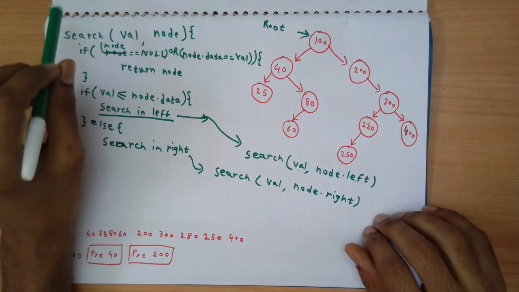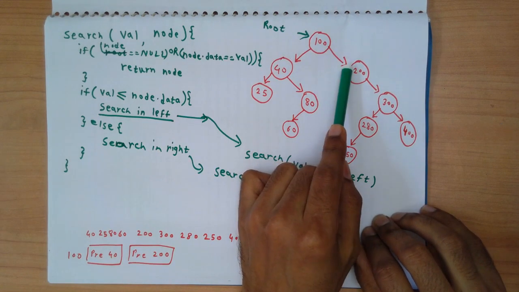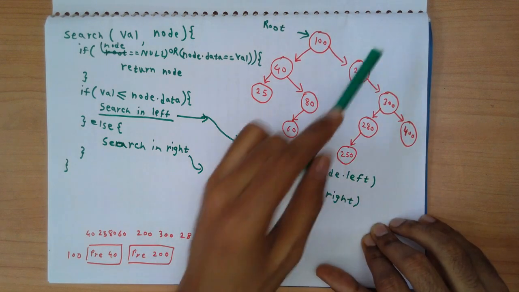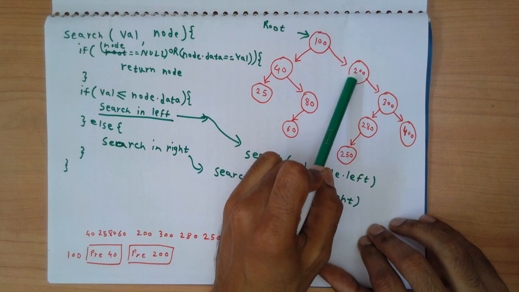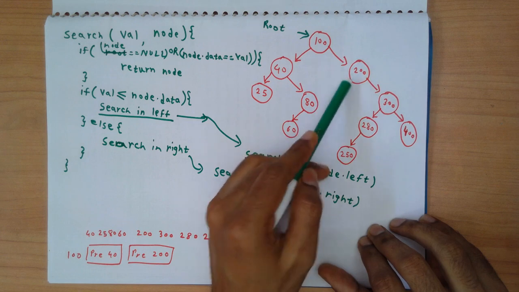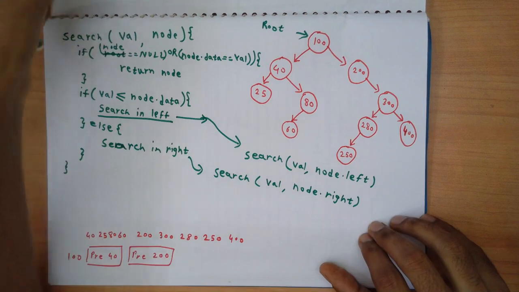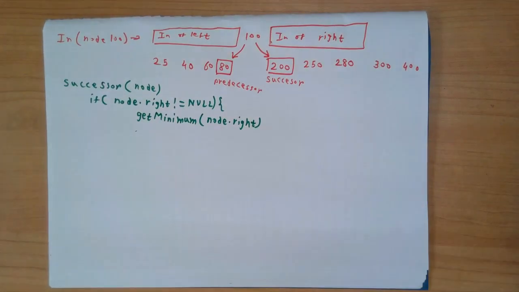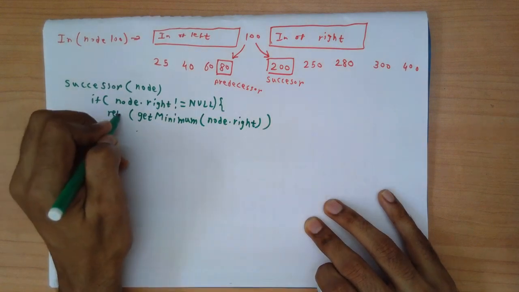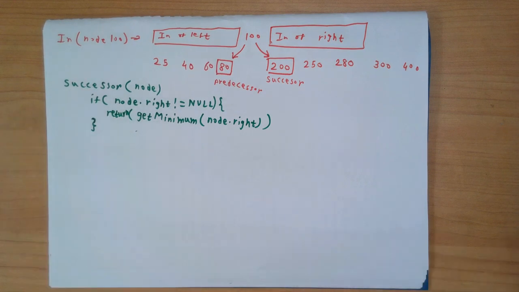For example, if I want to find the successor of 100, I go to 200, and for this tree rooted at 200, I have to find the minimum value. So I start from the root of this subtree and keep going left as much as possible. It has no left child, so 200 is the minimum value in this subtree, and we get the address of 200. In that case I will just return this address. That's what I need.